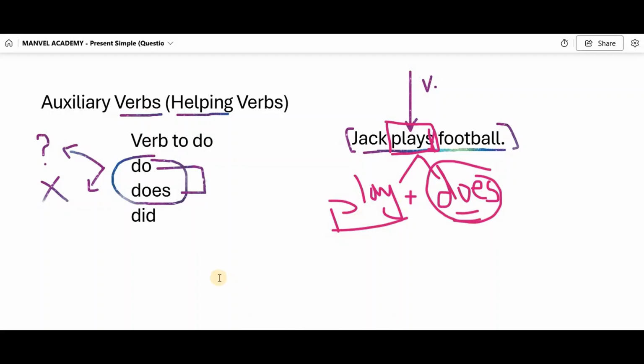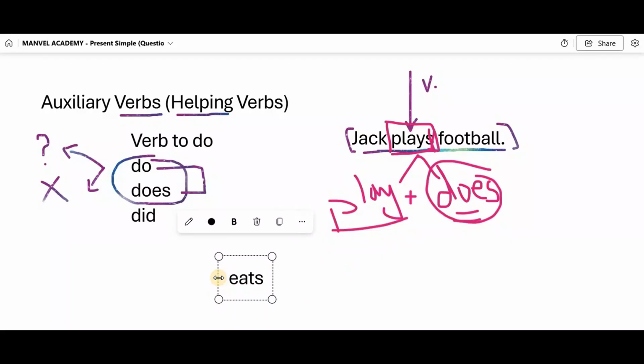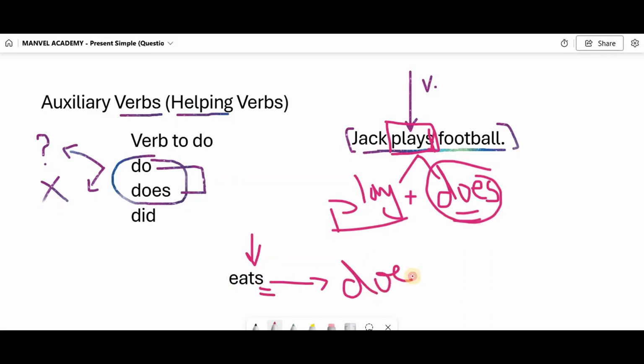If I give you a verb, for example, eats. Eats is what? There's an auxiliary verb in eats. What is the auxiliary verb? S. S means does. So the verb eats is does and eat. Okay?